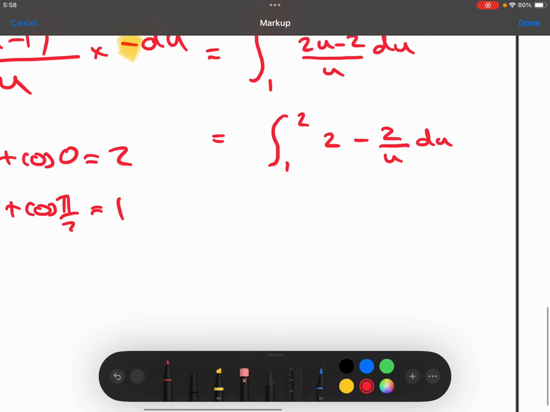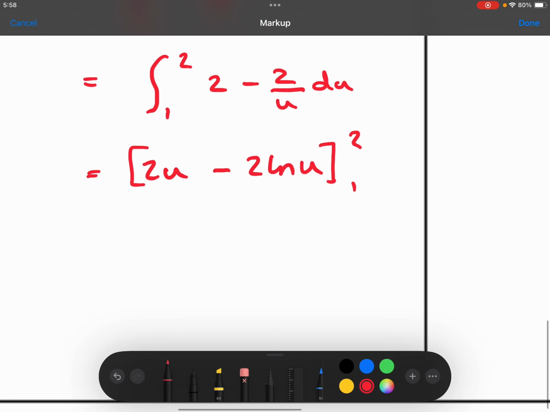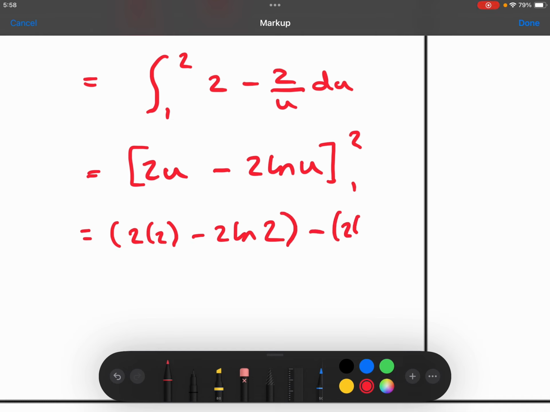And now we can integrate. 2 will integrate to be 2u. The 2 over u will integrate to be 2 ln u. Substituting the limits in, so 2 times 2 minus 2 ln 2 minus 2 times 1 minus 2 ln 1.